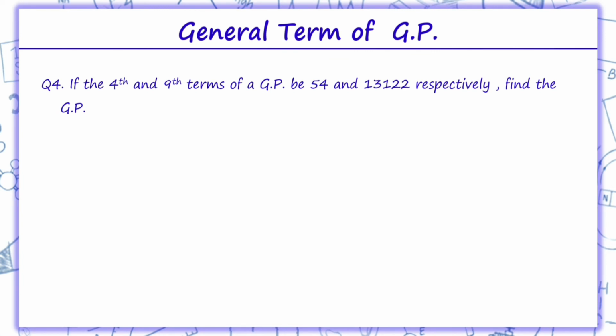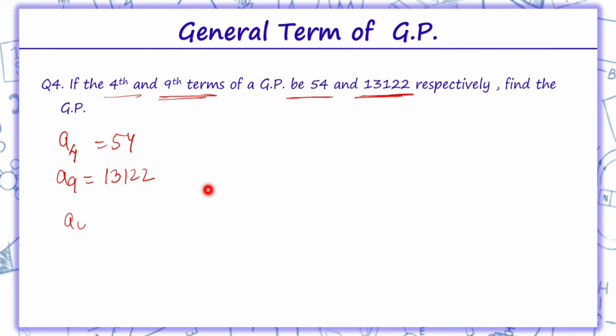Next question is, if the fourth and ninth terms of a GP are 54 and 13,122 respectively, we have to find the GP. The fourth term, that is A4, is 54, and the ninth term, that is A9, is 13122.